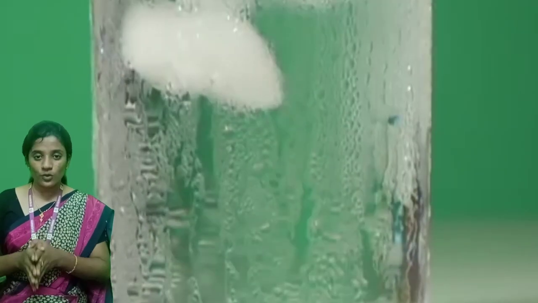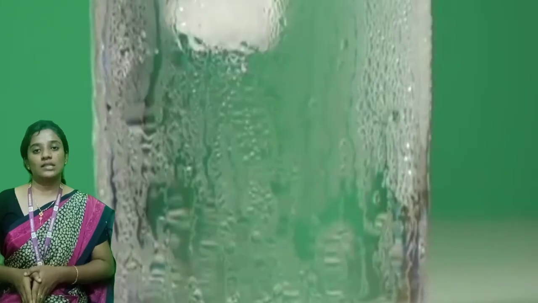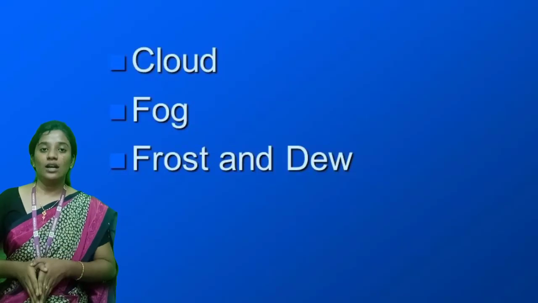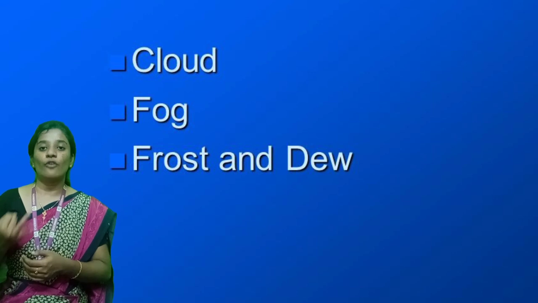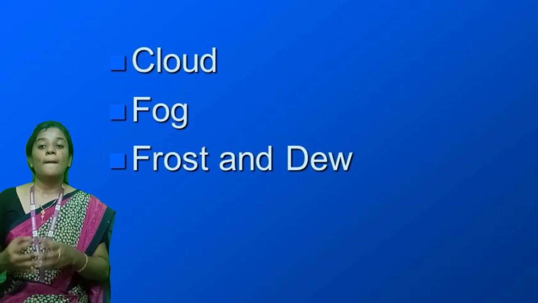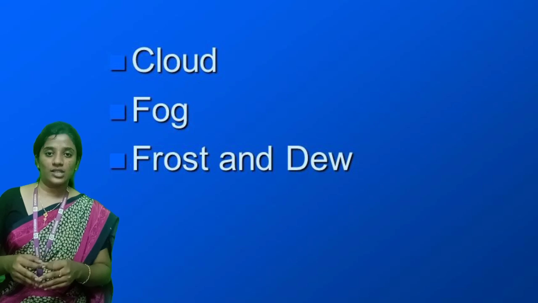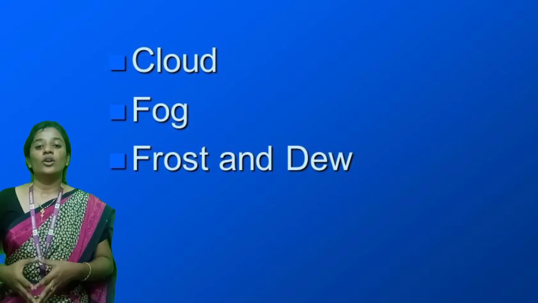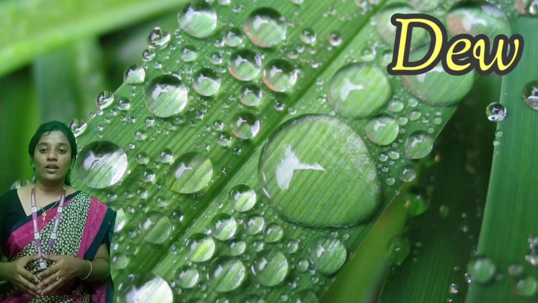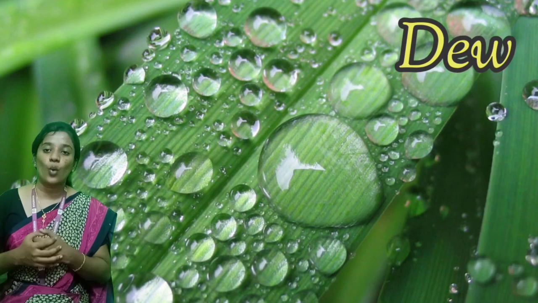These clouds produce precipitation. Now let's see the forms of condensation. Dew, fog and clouds are the major forms of condensation. First, let's see about dew. Dew is the water droplet formed by the condensation of water vapor.